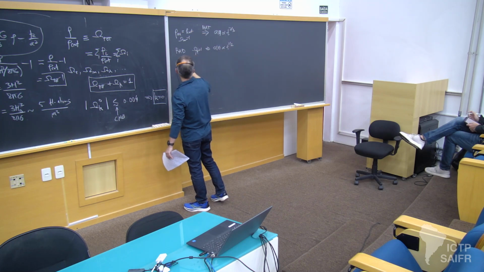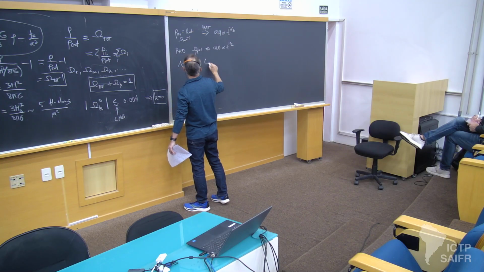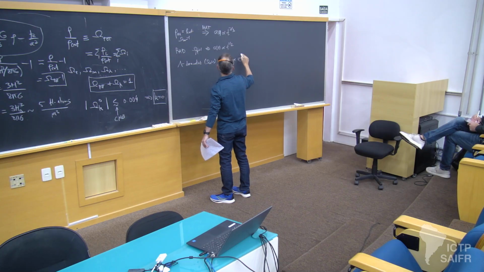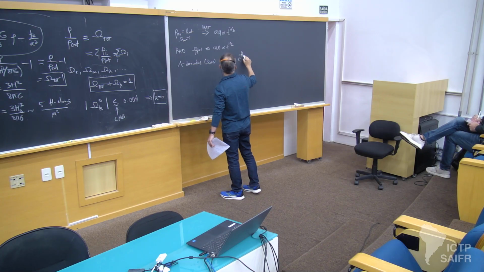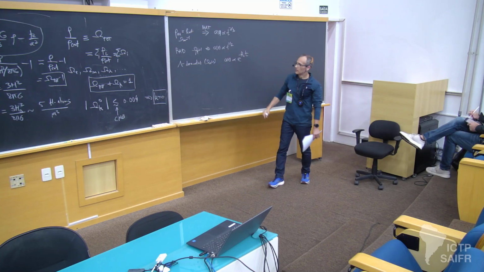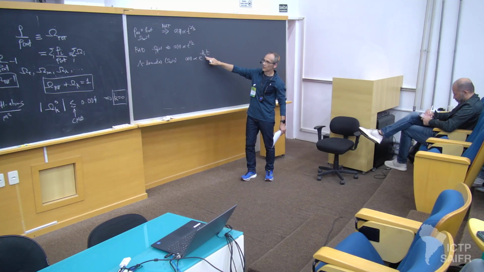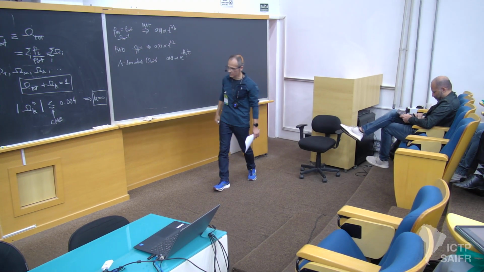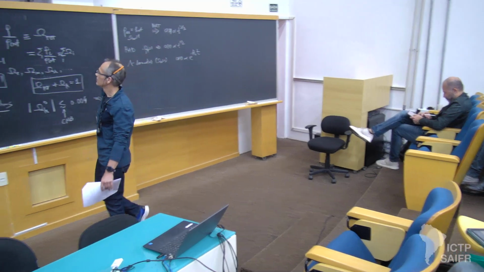And if we are lambda dominated, the universe expands exponentially. And the exponential time constant is 1 over the Hubble constant, which in that case is truly a constant. Okay?